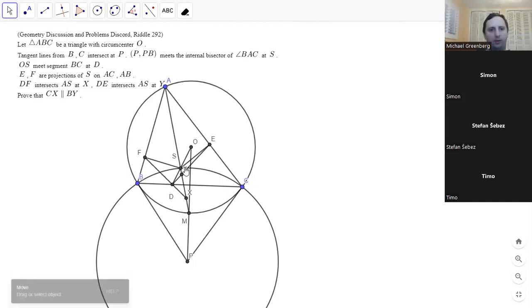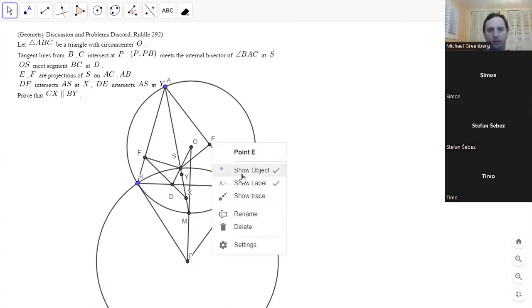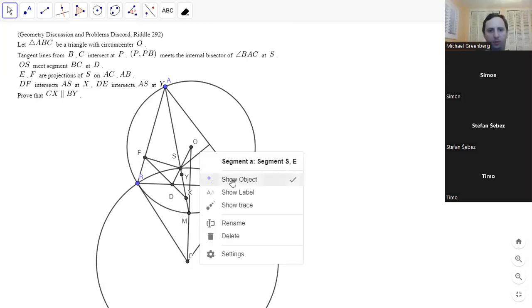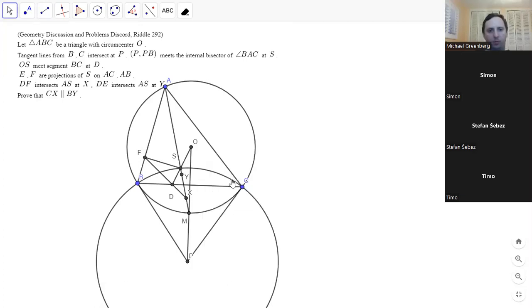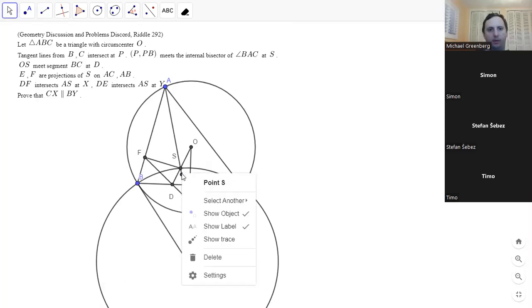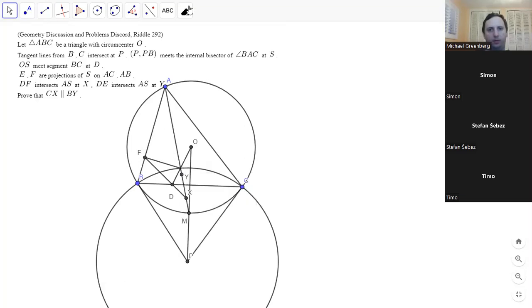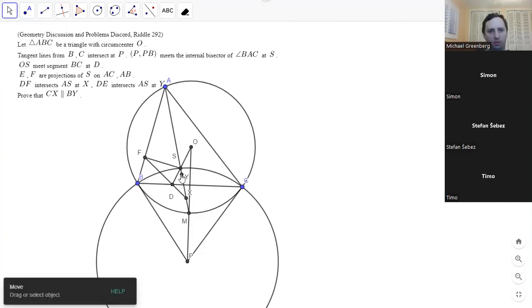So I guess we can then hide a lot of the diagram, because once we prove it for one part, then we don't really need the other part. So we could just make the diagram look like this for now.